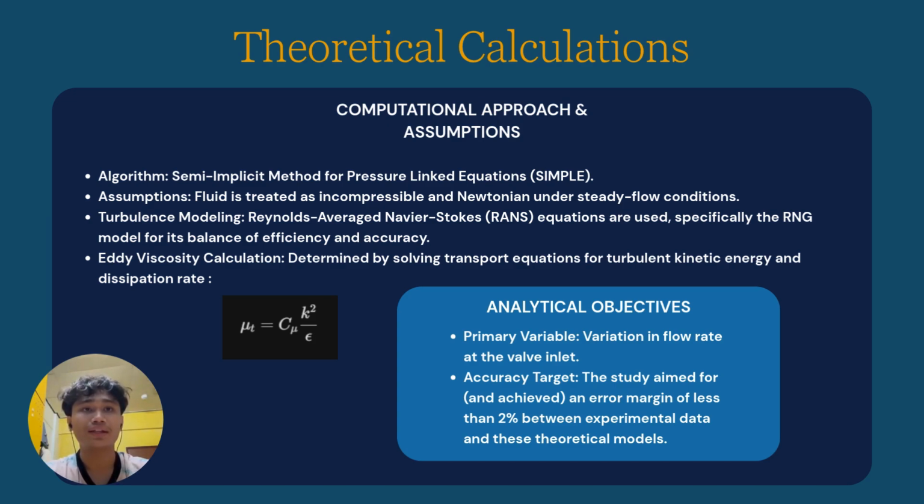The bottom line is the validation. We compare this mathematical prediction against our actual experimental data. The result was an error margin of less than 2%. This confirms that our theoretical model is a near-perfect match for how the valve functions in reality.